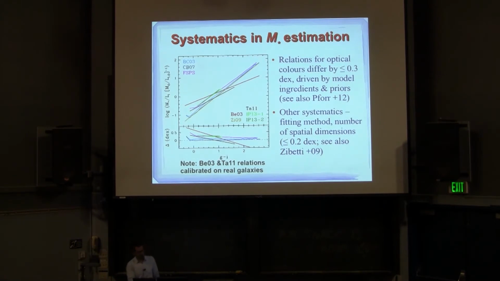And so what we can see is at the worst, the difference between model predictions is about 0.3 dex, which is kind of what we've been hearing about over the last few years. It's not too surprising, needless to say, but it's still important to recognize these systematics when undertaking this type of work.